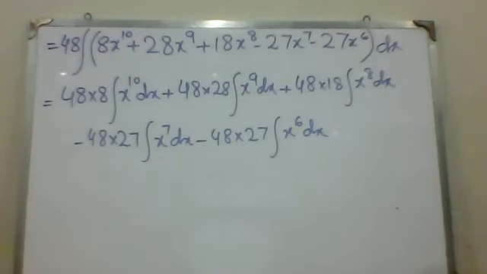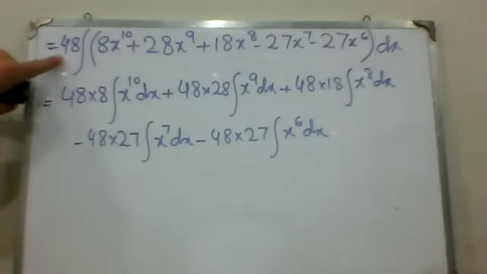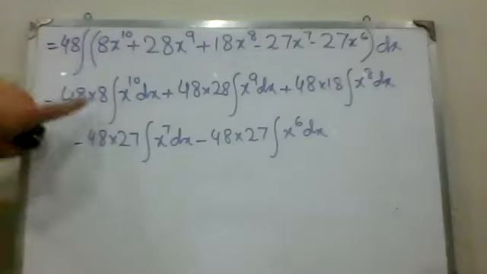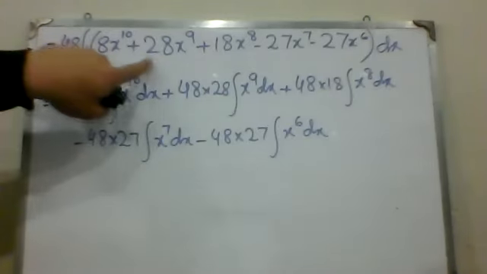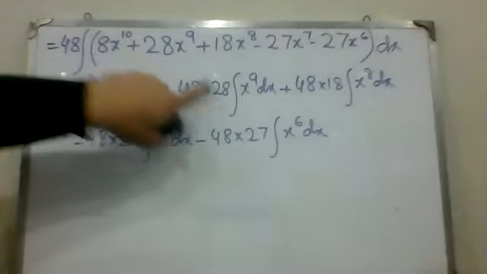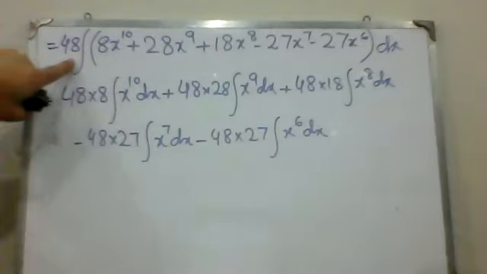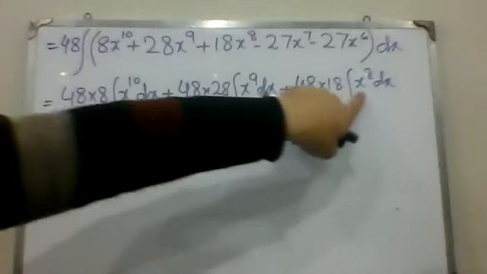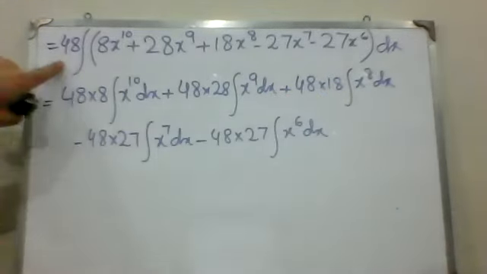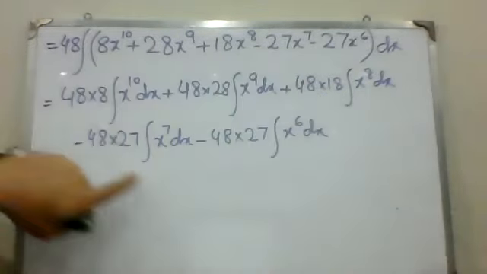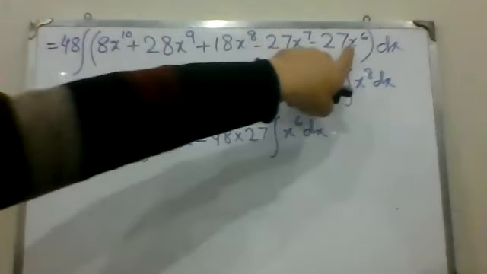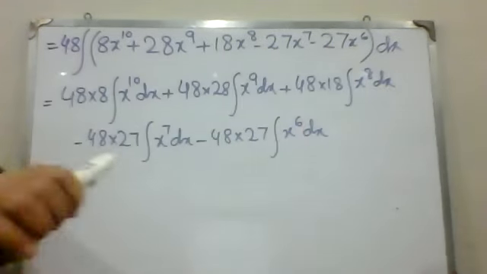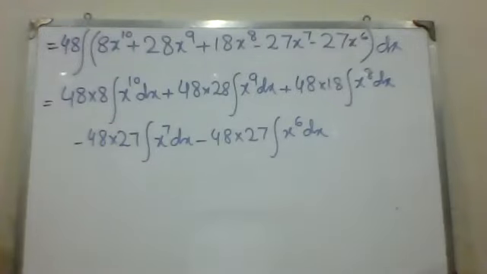Sir, will you explain this step? Okay, it is the same. 48 multiply by 8, then integrate each term separately. 48 multiply by 28 and integrate separately. 48 multiply by 18, then integrate x to the power 8. 48 multiply by 27 and integrate x to the power 7. 48 multiply by 27, x to the power 6 is integrated separately, right?